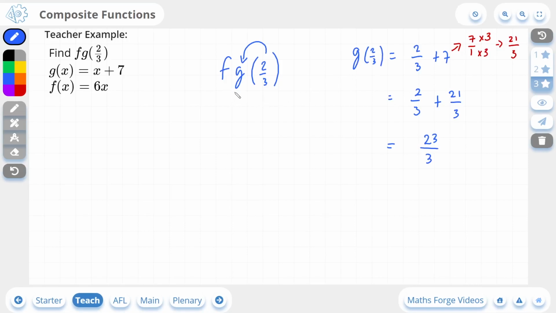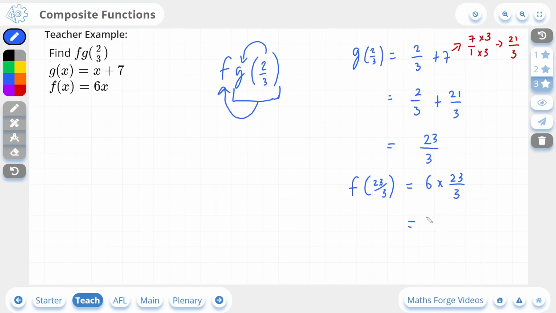We need to take this result and input it into f. So that looks like this. f of 23 over 3 is equal to 6 times 23 over 3. And 6 multiplied by 23 over 3, well, if you remember the lesson on finding fractions of amounts, we can take the divided by 3 and apply it to the 6 first.